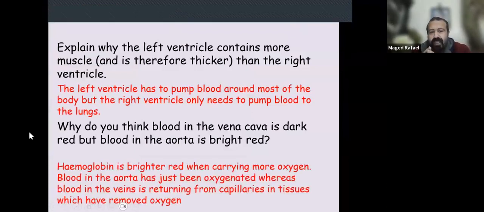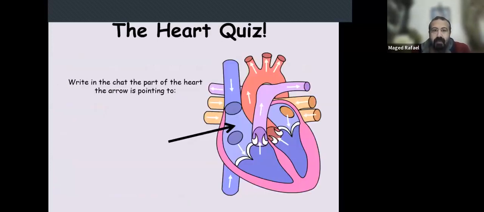And for the second one, we wrote more about hemoglobin, and it becomes brighter when it is carrying more oxygen. So in veins, as you mentioned, the capillaries in tissues have removed all of the oxygen, so it became darker. However, in the arteries, like the aorta, for example, we have more oxygen. That's why it became brighter.